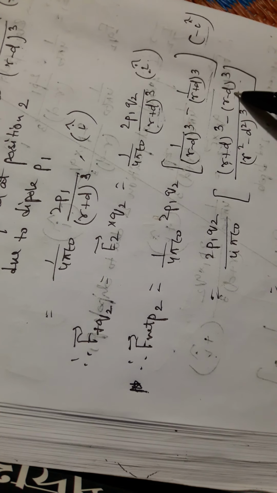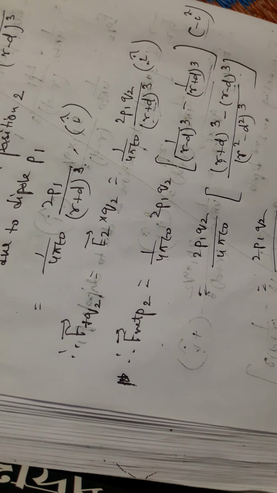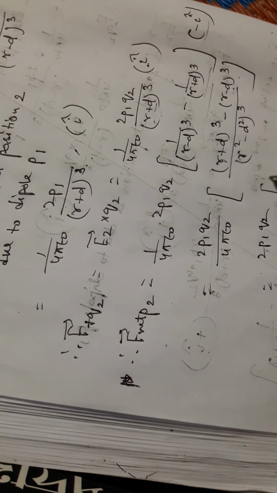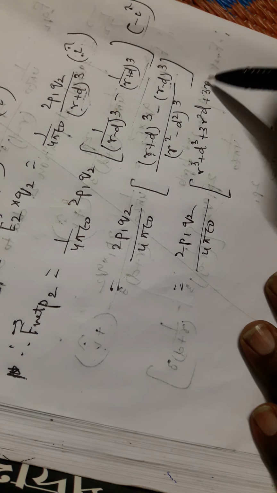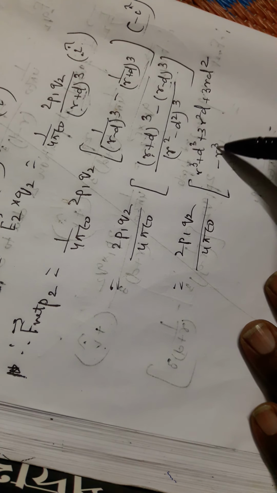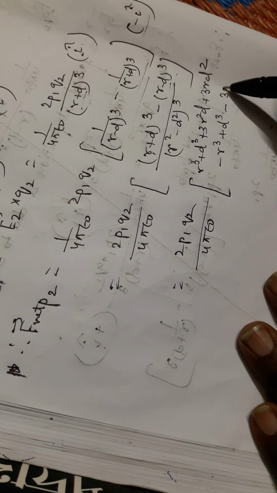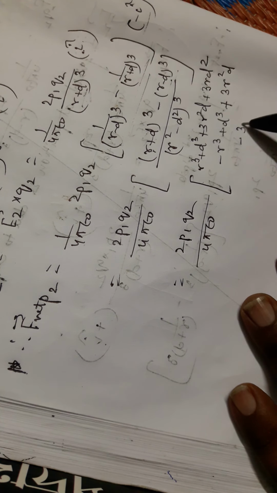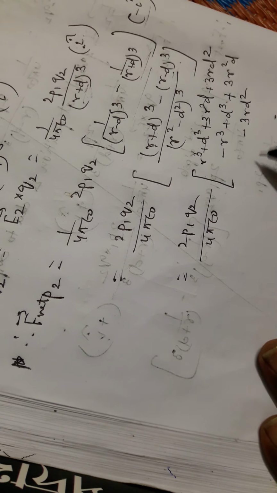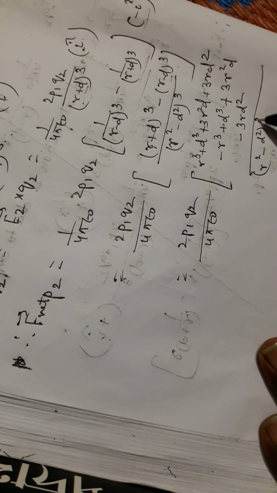If you calculate this, it will come out to be 2p1 Q2 by 4 pi epsilon naught, r cube plus d cube plus 3r square d plus 3r d square, minus r cube plus d cube minus 3r square d plus 3r d square, divided by r square minus d square whole cube.